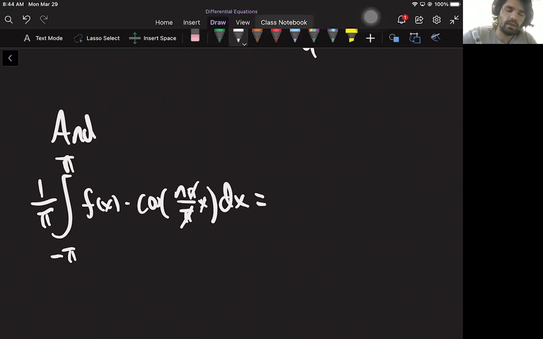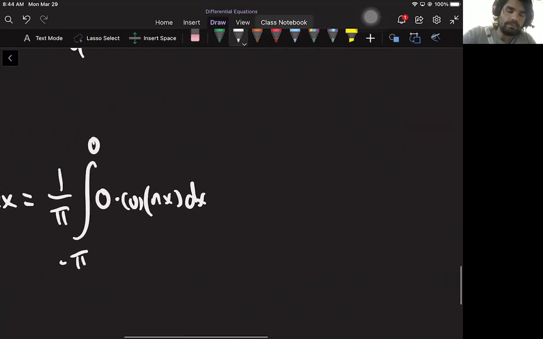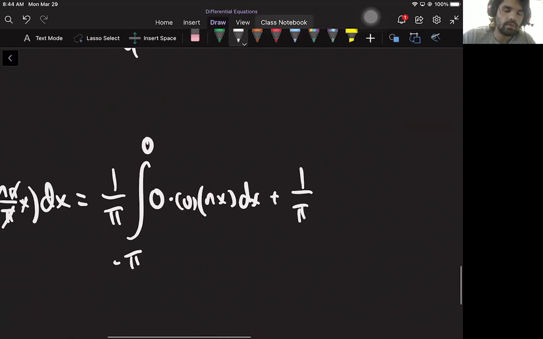Okay, so same idea here. Because our function is piecewise, we are going to break it up into 2 pieces. So it's 0 from negative pi to 0. Oops, those pi's canceled, so now it's just nx here. And then I'll just distribute this 1 over pi this time to both.